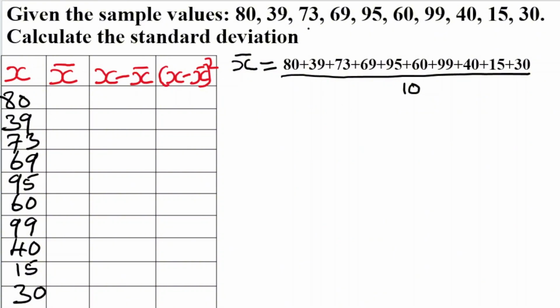Let's add these together: 80 plus 39 plus 73 plus 69 plus 95 plus 60 plus 99 plus 40 plus 15 plus 30.